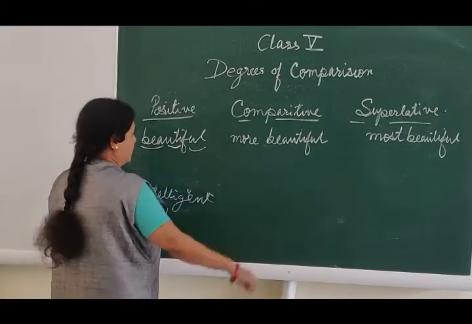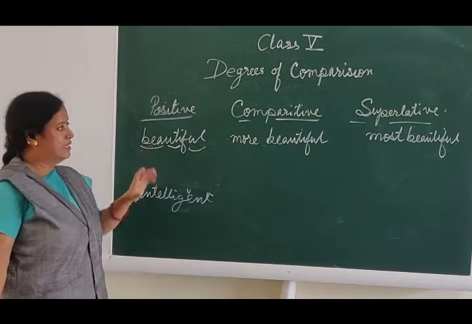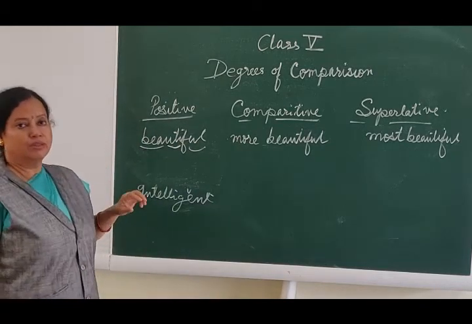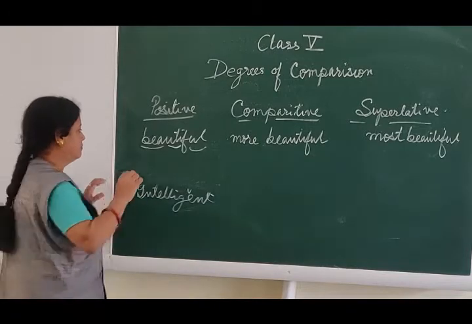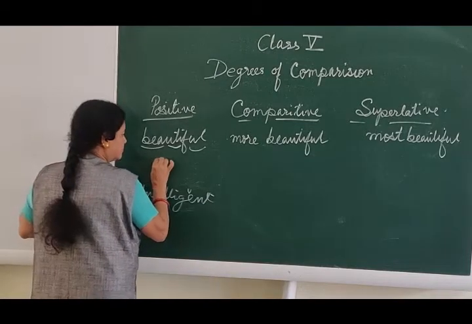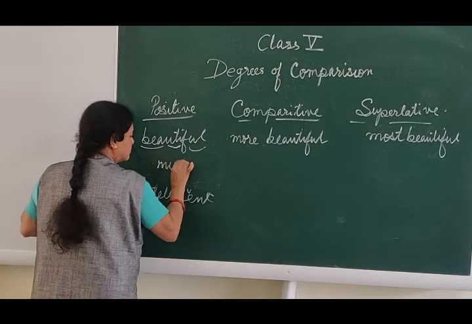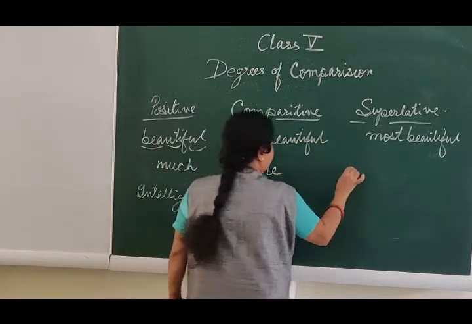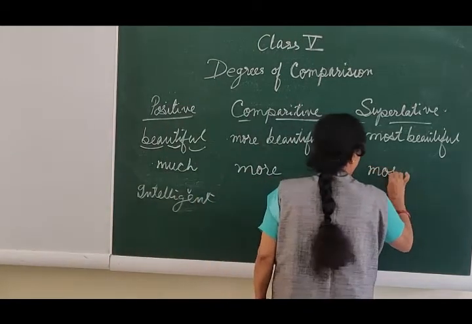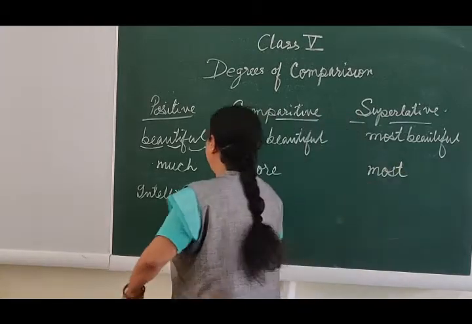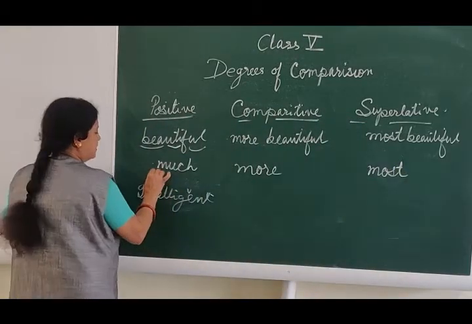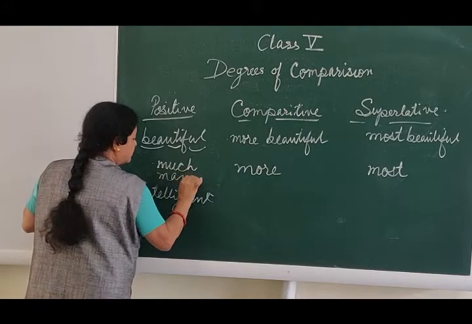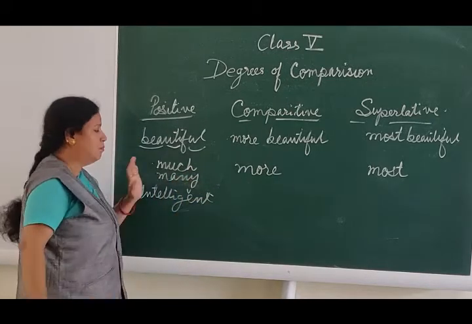More beautiful, most beautiful. But suppose the thing is countable. So what will we do? See now. Much, more, most. And suppose the thing we compare is countable, then we write many.